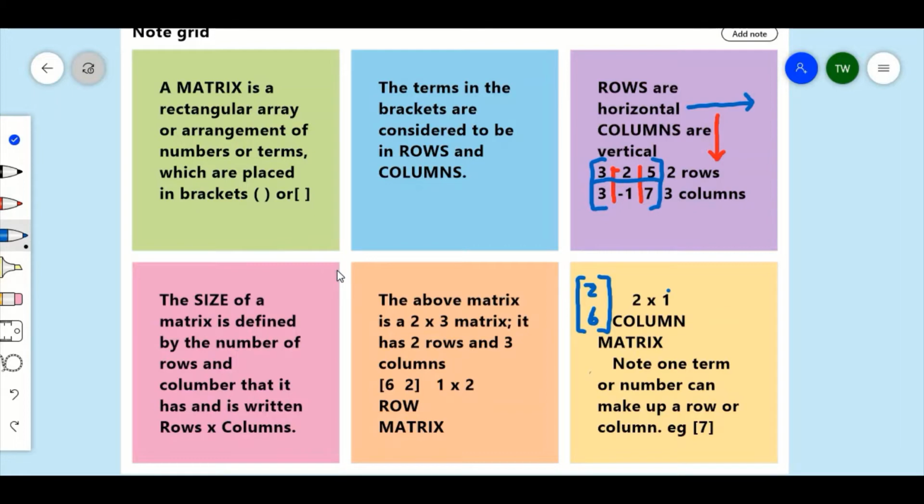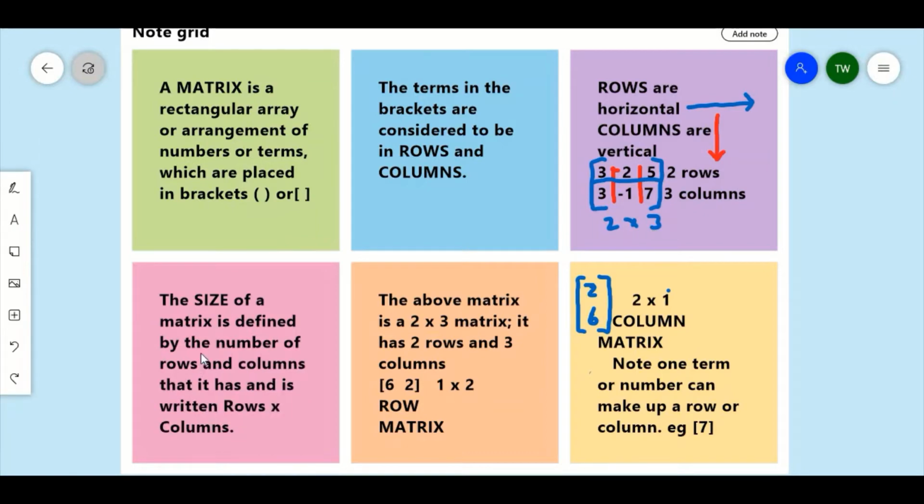Now, this matrix here is described as a 2 by 3 matrix, because it has 2 rows and 3 columns. So that's how we describe a matrix.